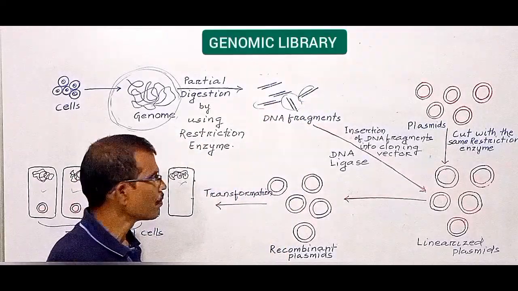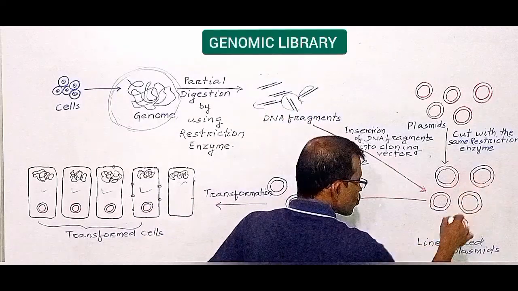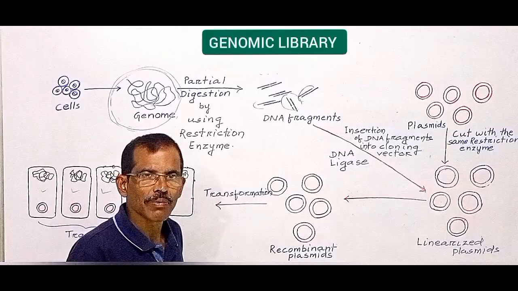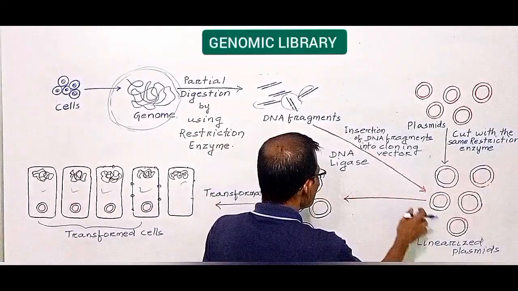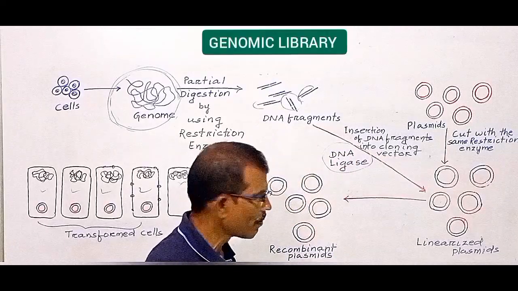In third step, these DNA fragments are inserted into cloning vectors which were cut using the same restriction enzyme. During insertion, DNA ligase is used to seal the gap.